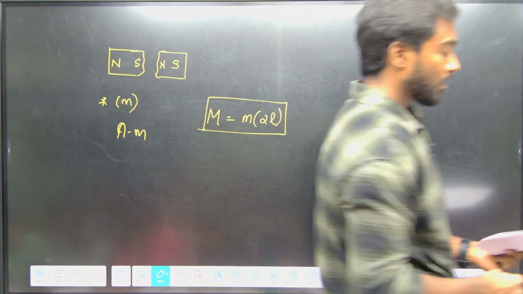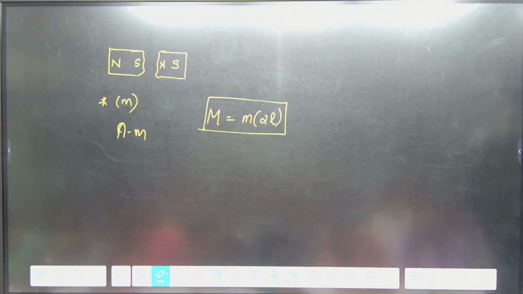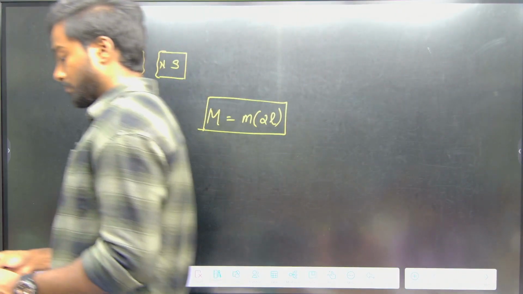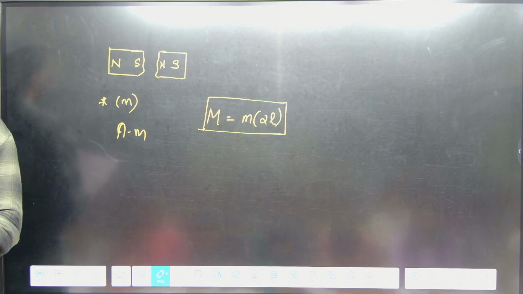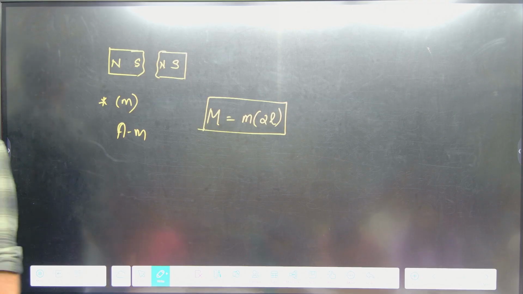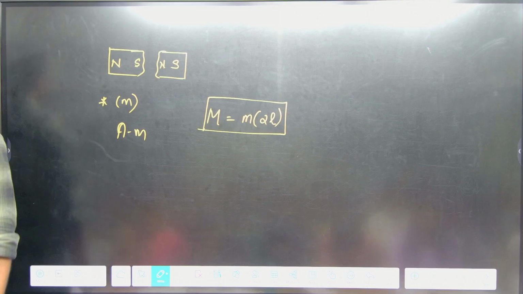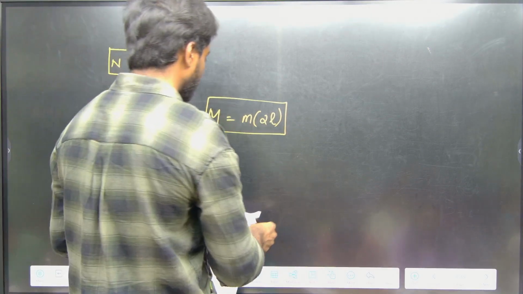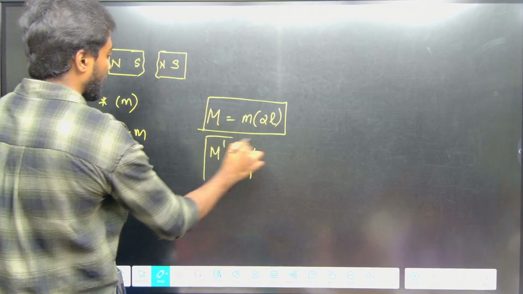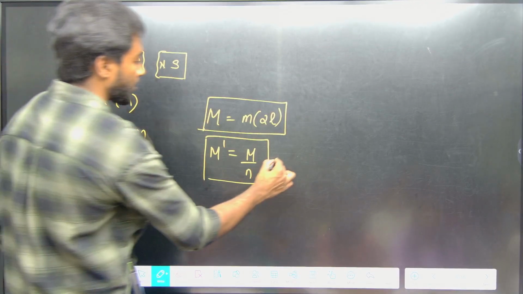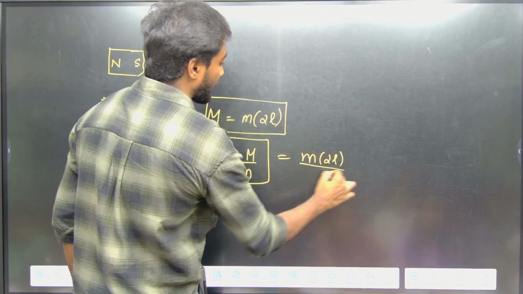Next point, if I cut the magnet into n pieces, either vertical or horizontal, the new magnetic dipole moment will be M dash is equal to M by n, or else I can say this as m times 2L by n.